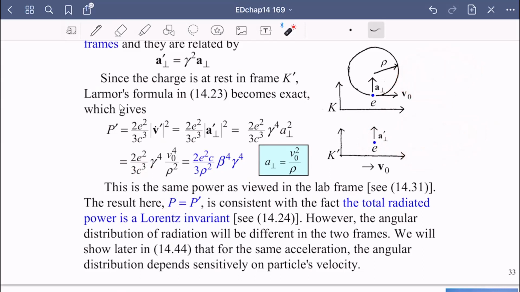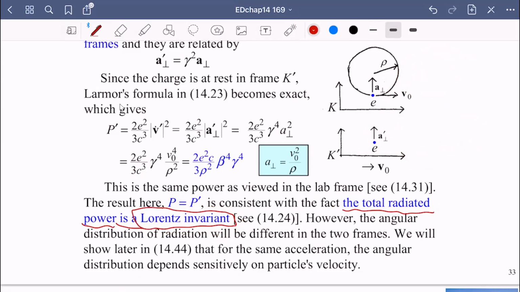The total power radiated is consistent with the fact that total radiated power is a Lorentz invariant. That's interesting. The total radiated power is a Lorentz invariant.